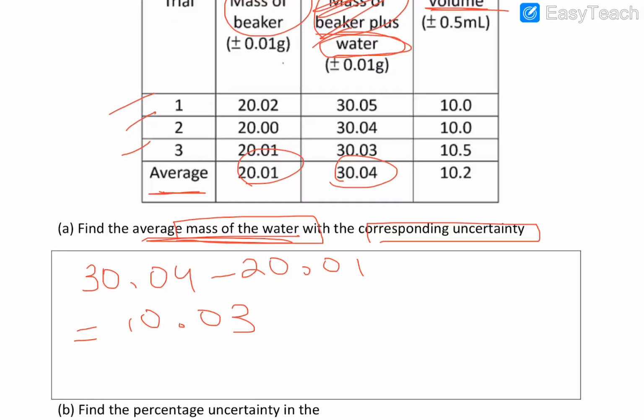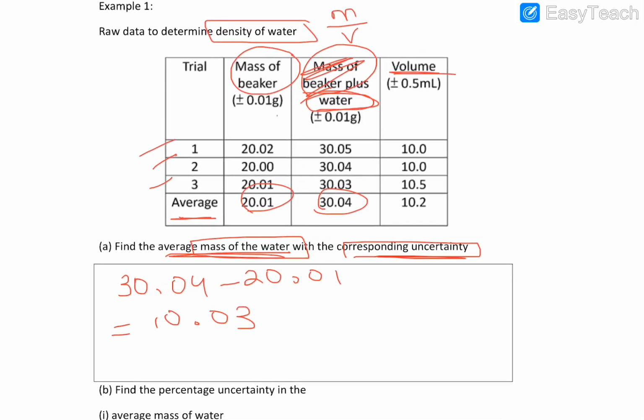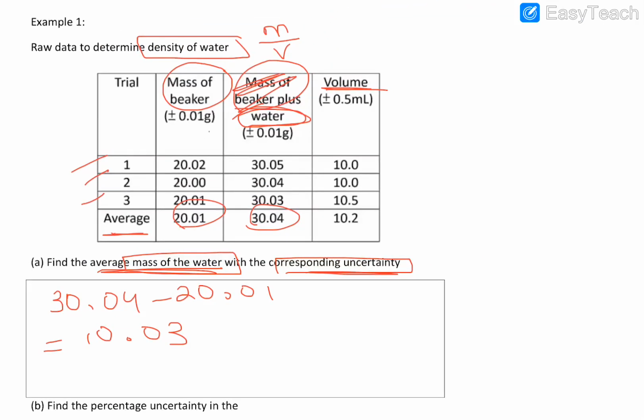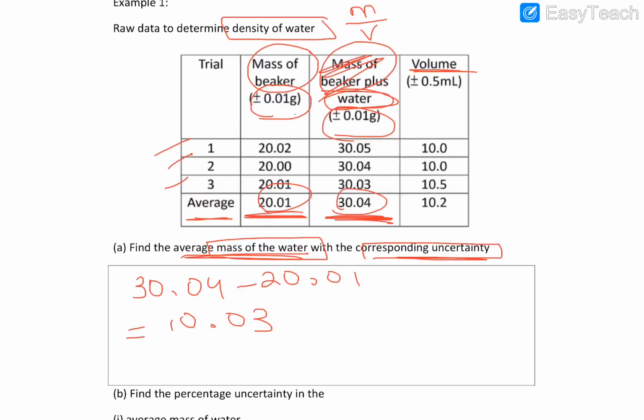Now, the corresponding uncertainty now. So this value has an uncertainty of plus minus 0.1. And again, this one has an uncertainty plus minus 0.1. So remember, uncertainties, when you have an addition or a subtraction operation, you are going to add uncertainties.